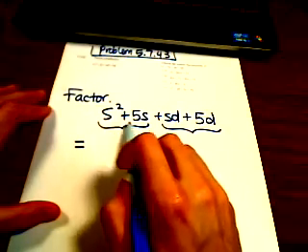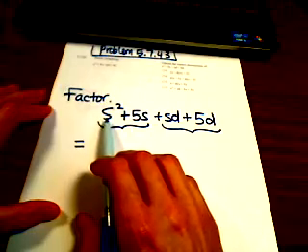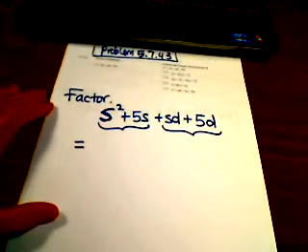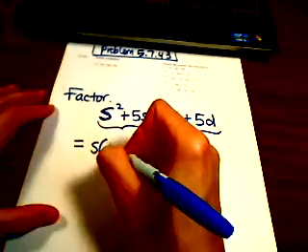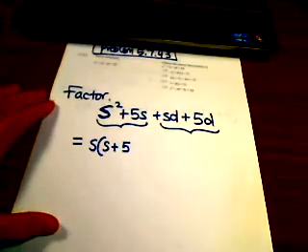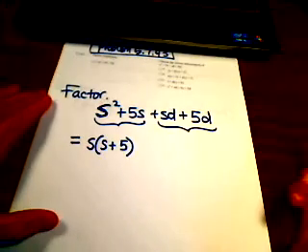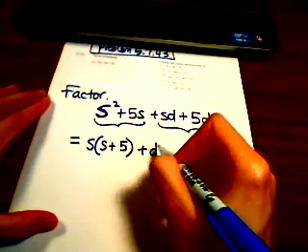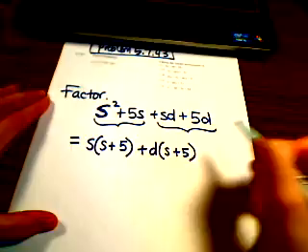You notice in the first grouping, the thing that they share in common is an s. That kind of looks like a 5, but it's not. This is an s. So I'm going to pull out s, and I would be left with an s plus 5 for the first grouping. In the second grouping, the greatest common factor is a d, and so I'm going to pull that out, and I'm going to be left with an s and then a plus 5.